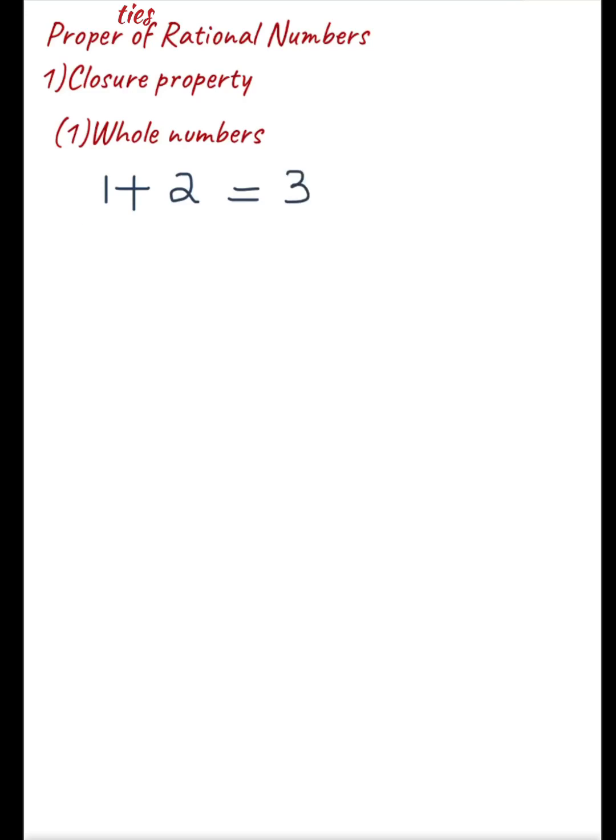That means I have taken a whole number and added it with another whole number, and the answer is also another whole number. Suppose I am taking any other whole number, say 0, and adding it with any other whole number, say 7. What is 0 plus 7?